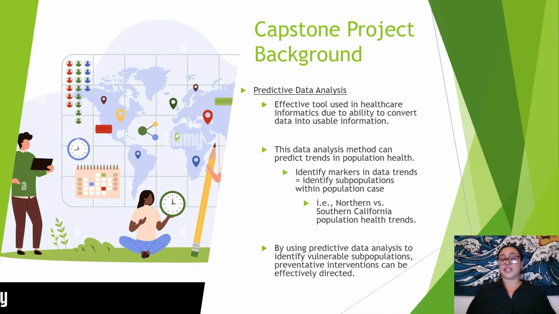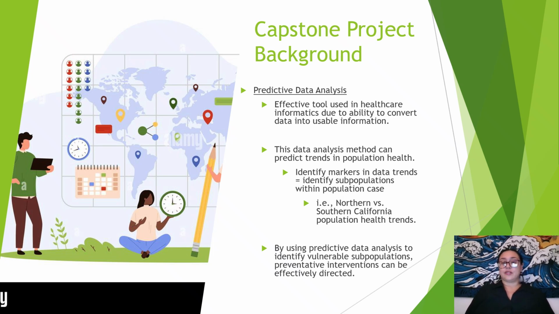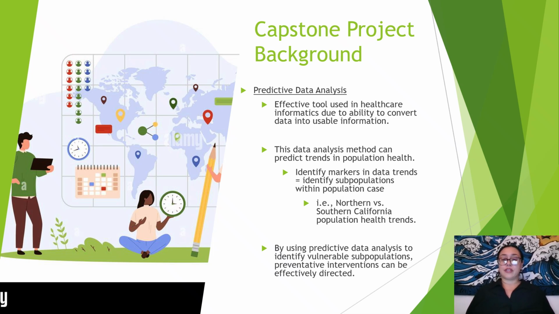So, how that relates to population health is that the predictive data analysis can identify subpopulations within population cases that are notable, such as, for example, a subpopulation within the California population would be regional, such as Northern versus Southern California population health trends in regards to respiratory health.